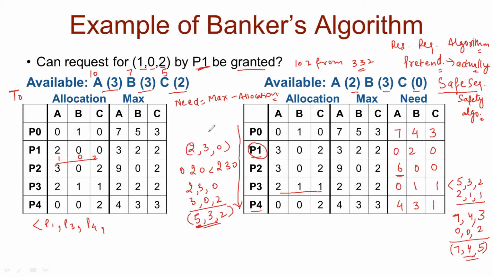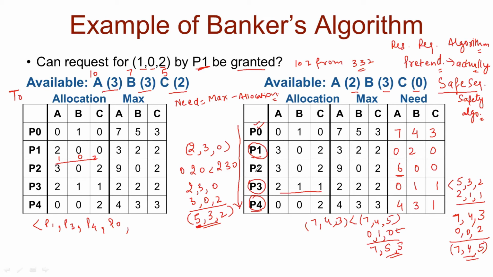Now again starting from the top, these processes are done. Are we able to fulfill the need of P0 now? Yes, 7, 4, 3 is less than 7, 4, 5. So P0 will be the next one to execute. The available becomes 7, 4, 5 plus 0, 1, 0, released by P0. So available becomes 7, 5, 5.